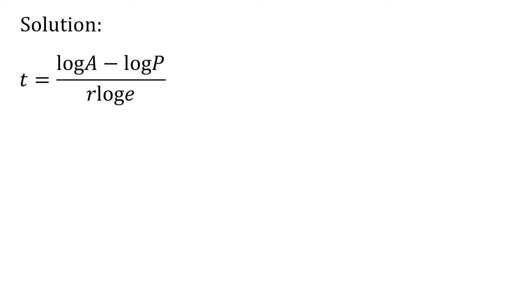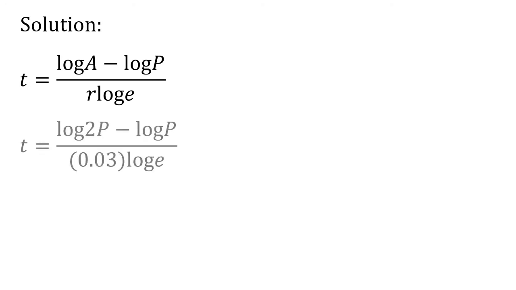So let us make use of the formula to answer our problem. t equals log 2P minus log P. This is the first situation, for the final amount to be twice the principal.